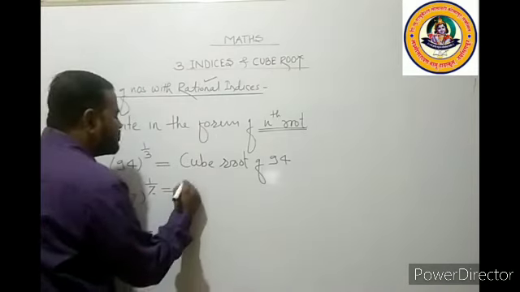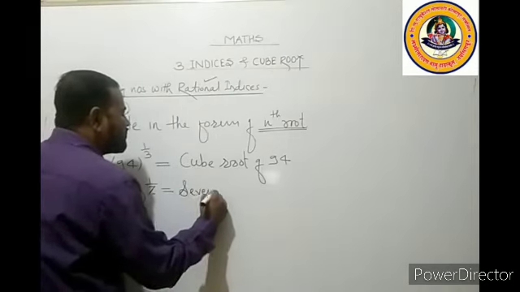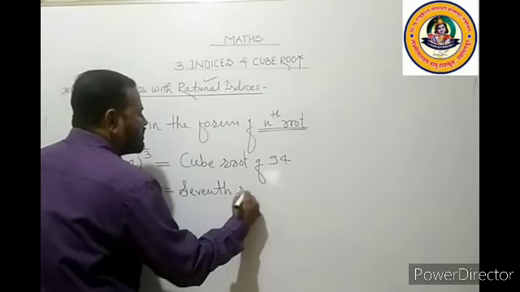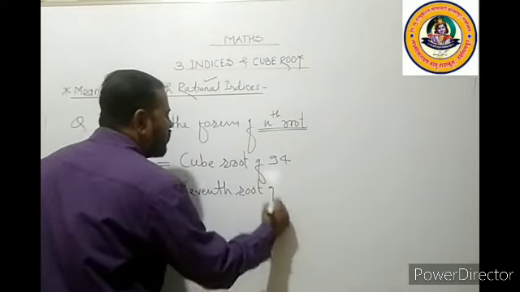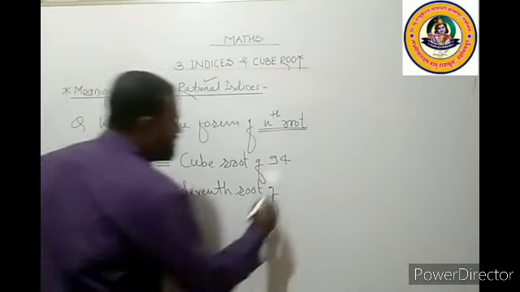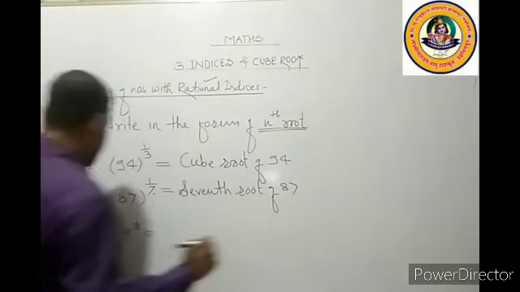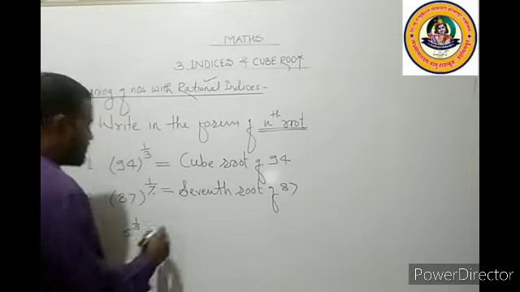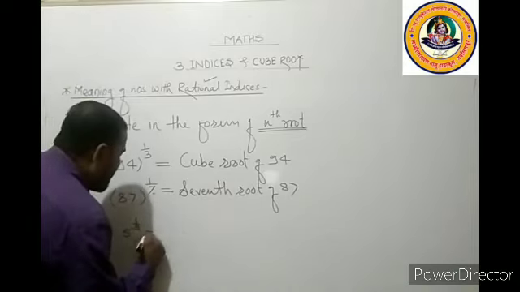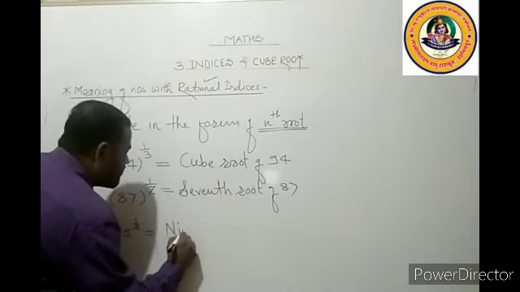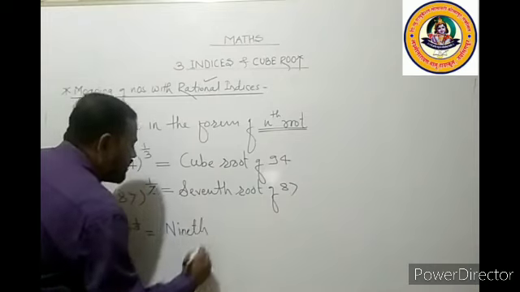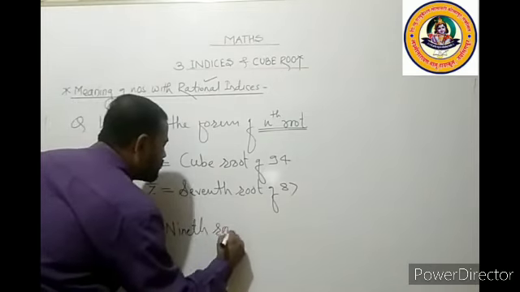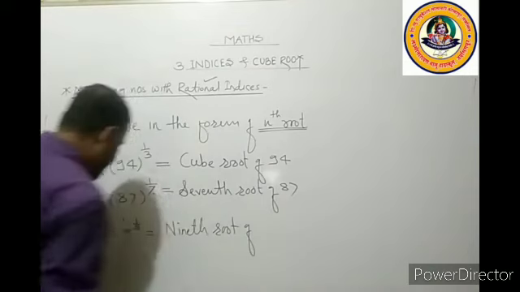We write seventh root of, what is the base? 87. Last one, 5 raised to 1 by 9. We write ninth root of, what is the base?